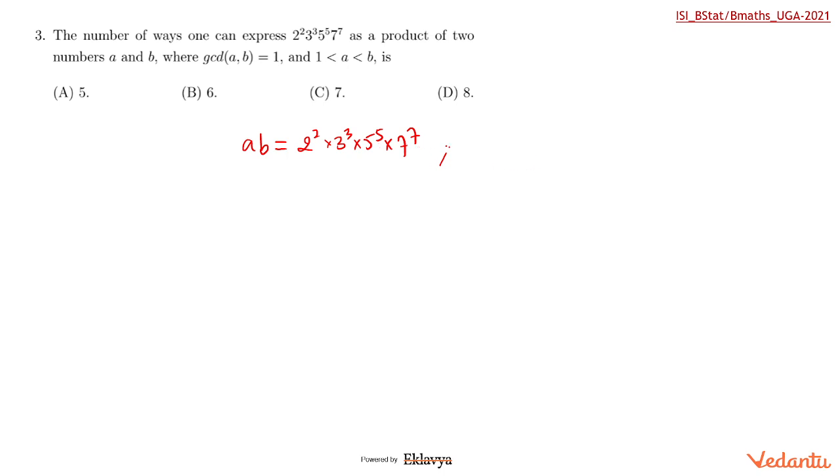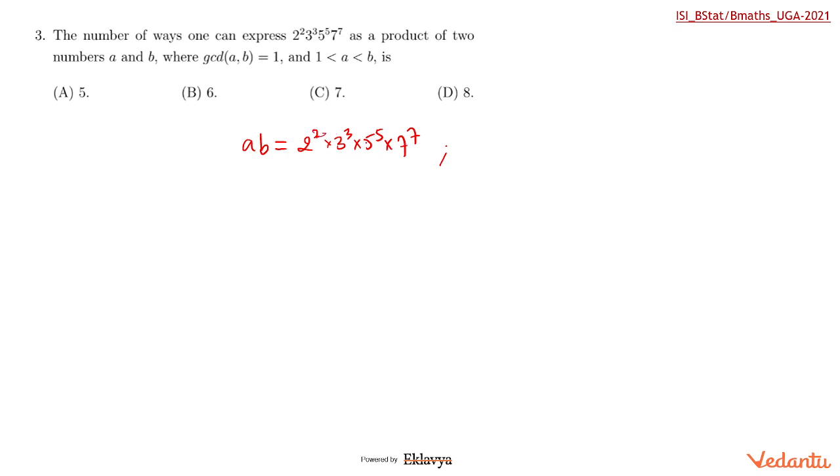So we have to present this such that a few of the primes will go to A and the remaining should go to B, because the product is the number. If we use any one of these 4 primes for A, then we have to use all of that prime.